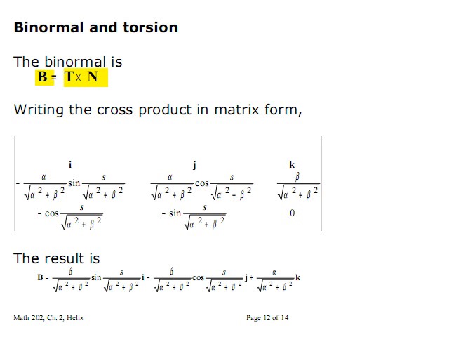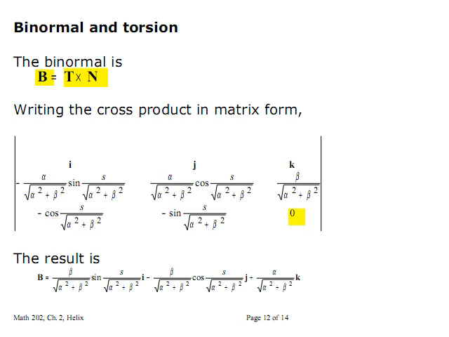So I wrote this in fairly small script so I could fit it all on the page. Remember, the normal had a 0 for the z component, and because there was no parameter associated with it, the z component for the tangent was a constant. So you have the z here, which is helpful, and the rest of the terms are fairly straightforward.